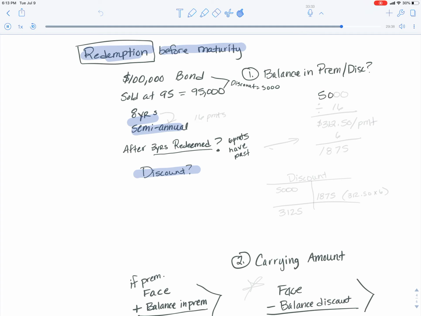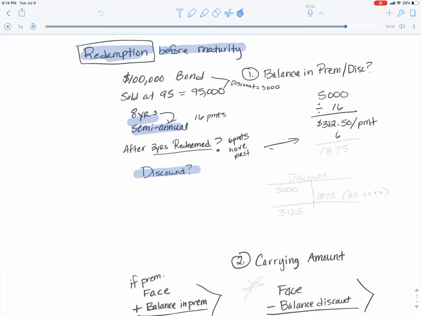Okay, so take 5,000 divided by number of payments. Well, if we have 8 years, two payments a year, that's 16 total payments. So at every payment, we were going to be amortizing $312.50 every time we sent our bondholders a payment.